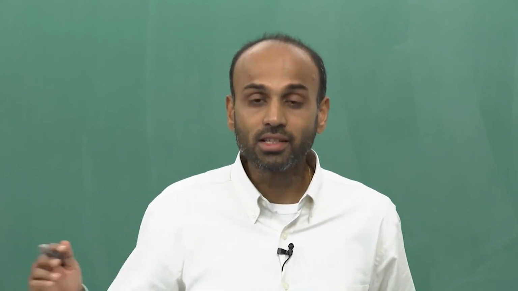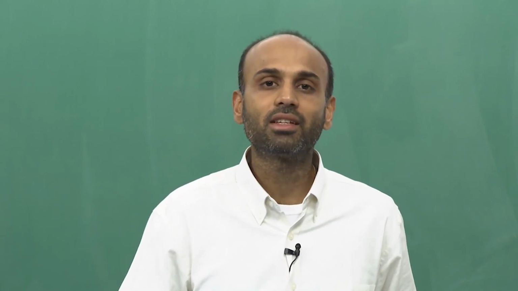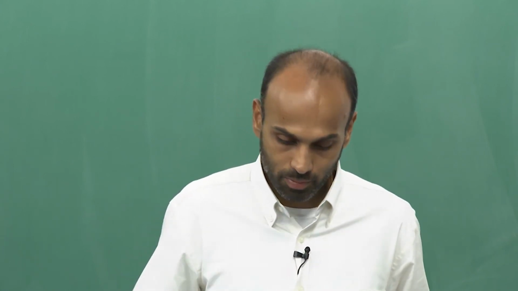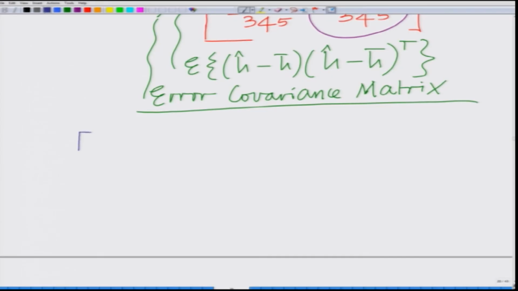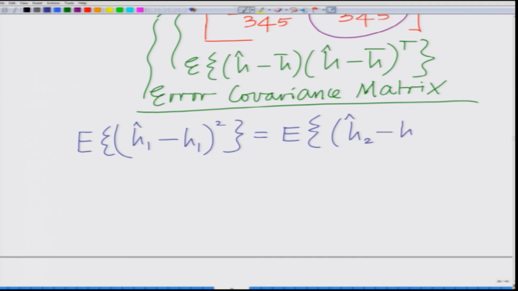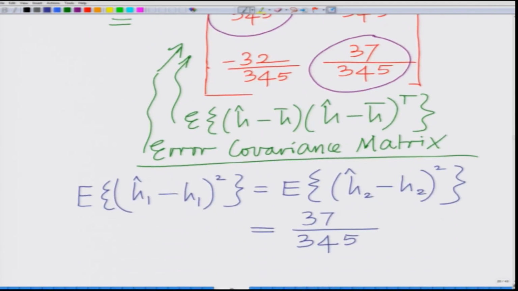The diagonal elements are the variances in the estimates of H1 and H2, which means the expected value of H1 hat minus H1 square is equal to the expected value of H2 hat minus H2 square, and this is equal to 37 divided by 345.